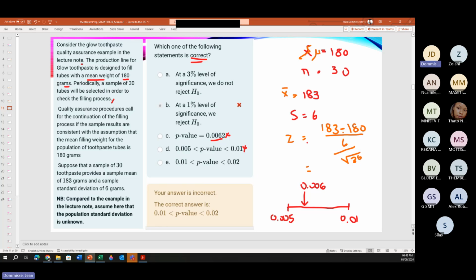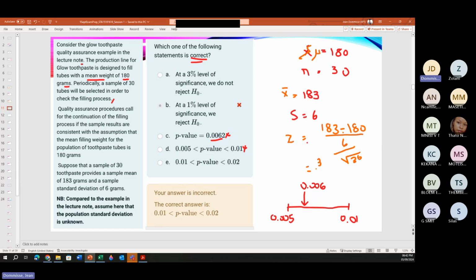Okay, so 183 minus 180 is 3. So let's look at 6 divided by the square root of 50.